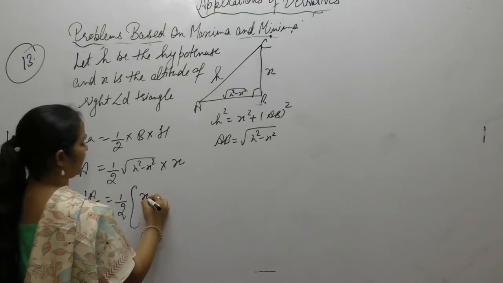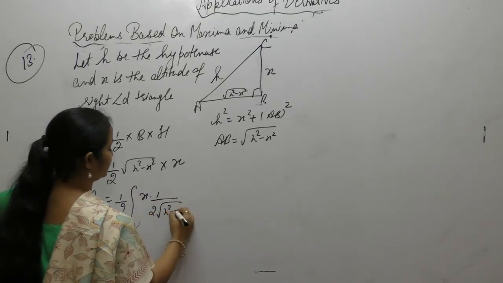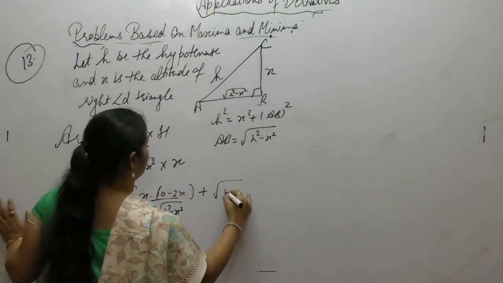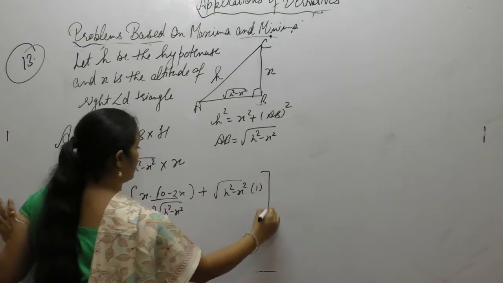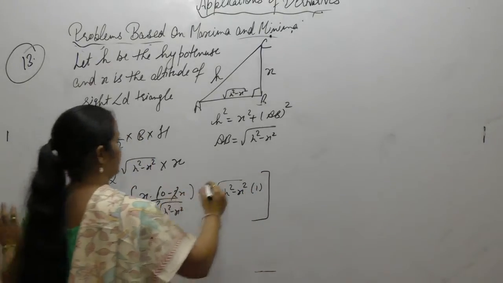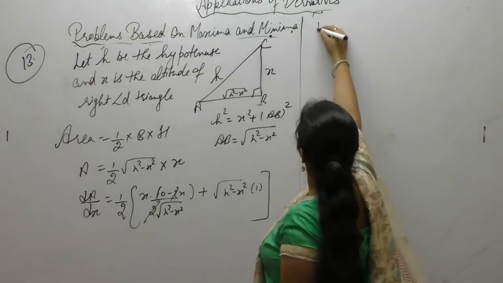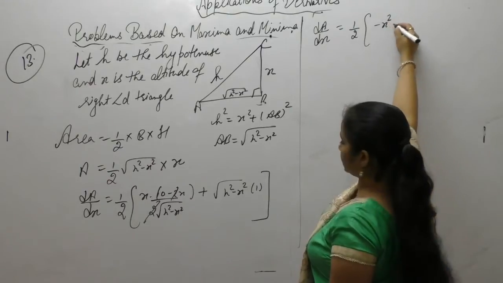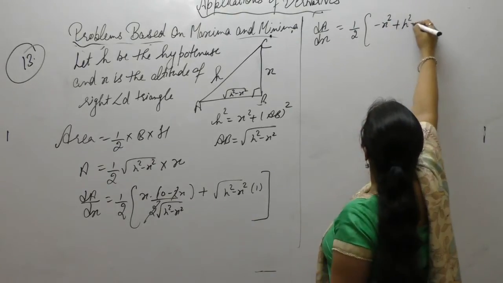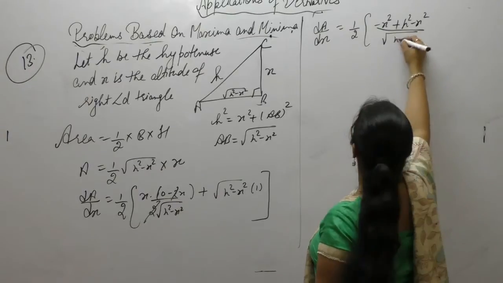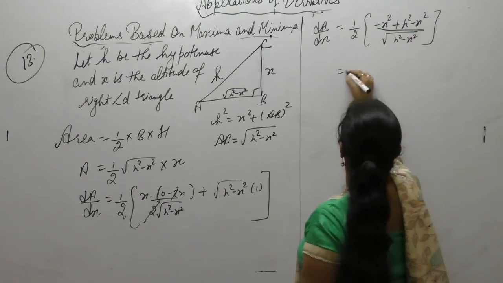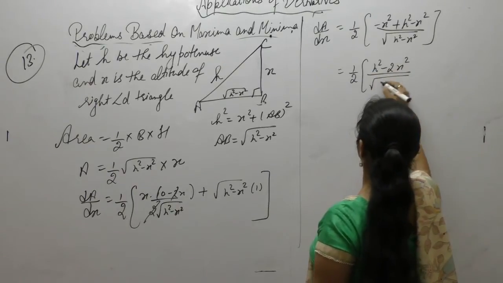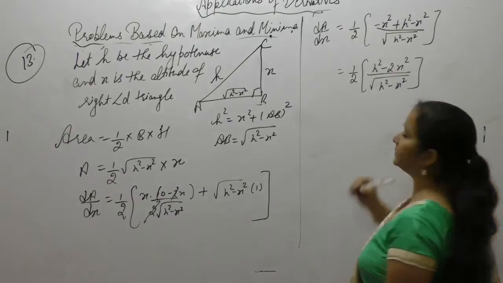U into V rule: first times derivative of second plus second times derivative of first, where derivative of x is 1. Take the LCM. dA upon dx is 1 by 2, minus x square plus h square minus x square upon square root of this, that is h square minus 2x square upon square root of h square minus x square.